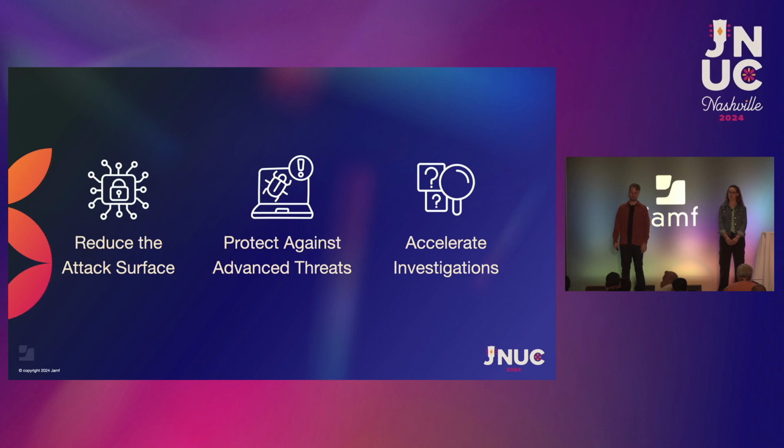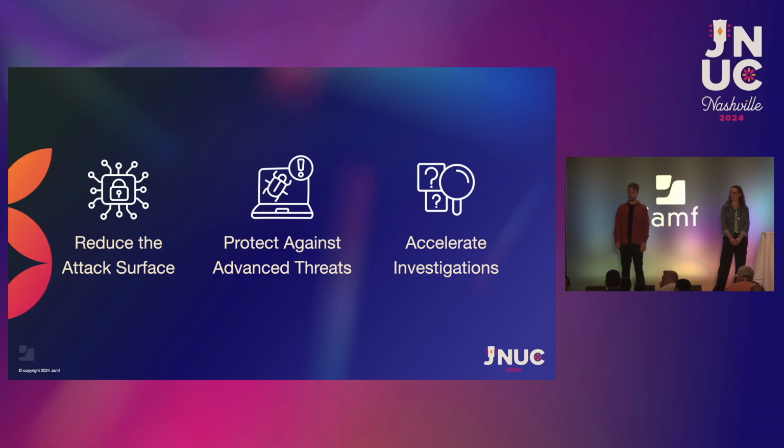All right, so to wrap us up today, reducing the attack surface is implementing safeguards to reduce your attack surface and its exposure to vulnerabilities in the environment, such as leveraging built-in security, patching software vulnerabilities, and implementing device control policies.